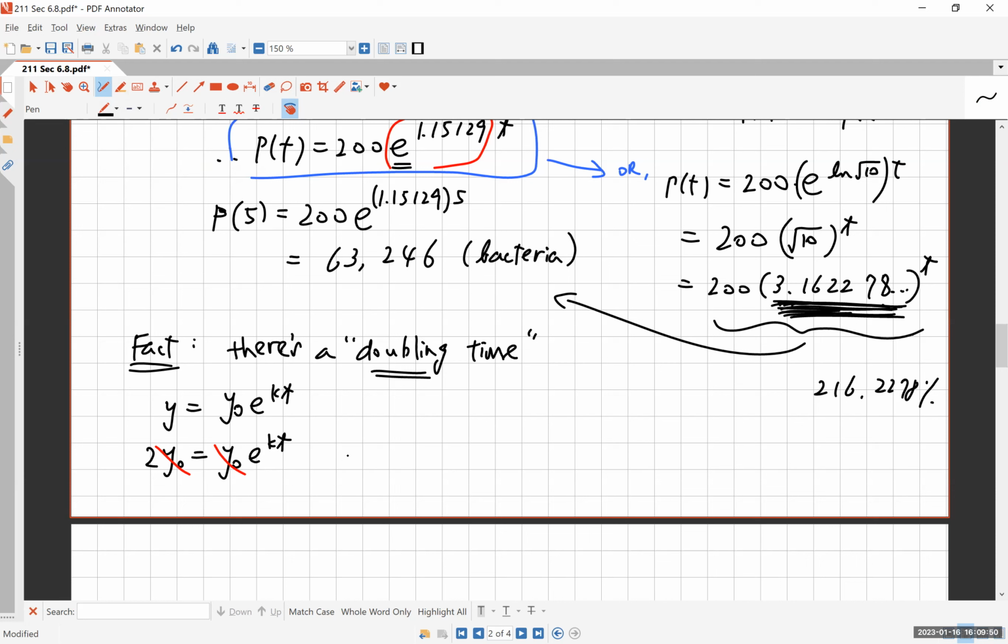So this basically says kt is natural log of 2. So the half time, or the doubling time, is always found by 1 over k times ln of 2. And this will give you the doubling time given the constant k.